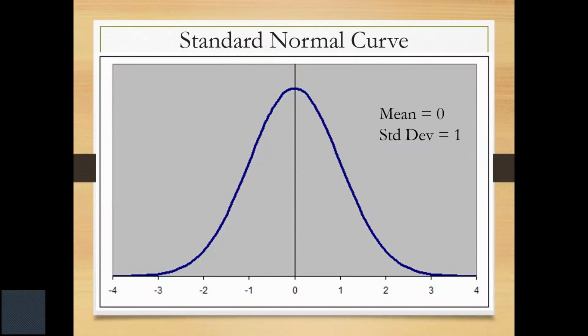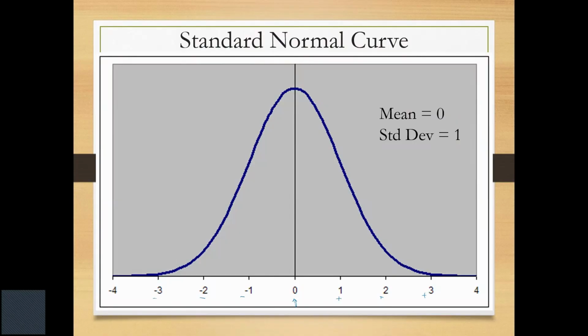And indeed we can. So there's something called the standard normal curve. And for that, the mean is 0 by definition, and the standard deviation is 1. So it's centered at 0. And then we go up 1 and down 1, up 2 and down 2, up 3 and down 3, right?